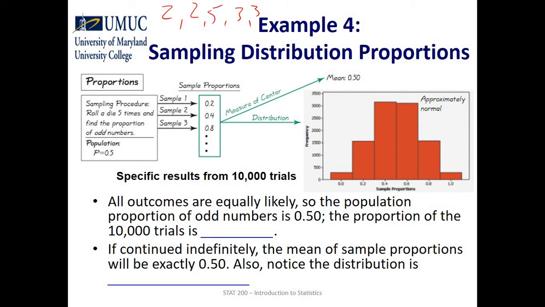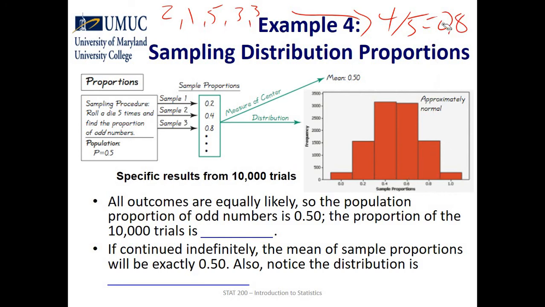So if we roll 2, 2, 3, 3, 3, now we have 3 out of 5, which is 0.6, which is down here. All right, and if we roll a 2, and then a 1, a 5, a 3, and a 3, now we have 4 odd numbers out of 5, which is 0.8, which is over here.